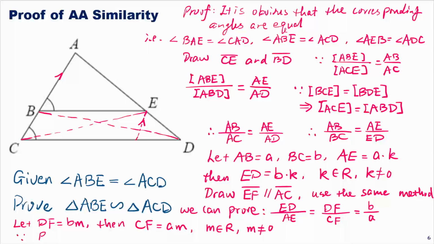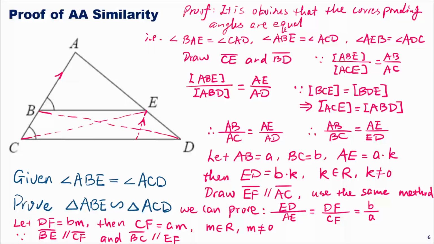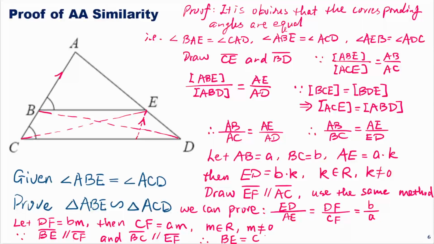Because BE is parallel to CF and BC is parallel to EF, we have BE equals CF equals am, right?